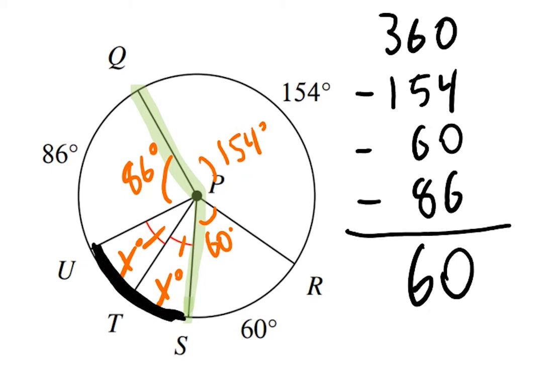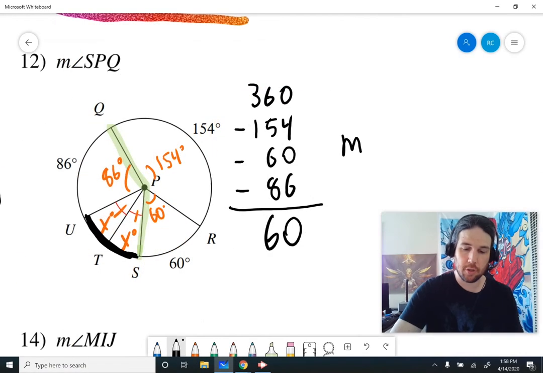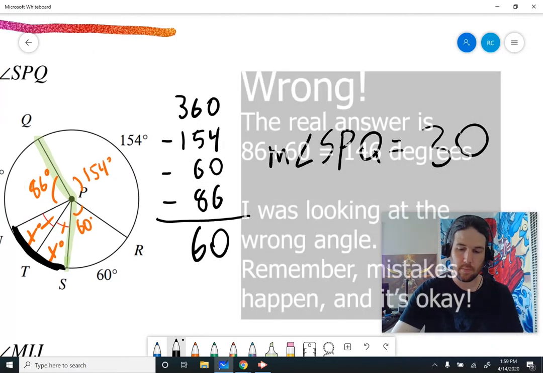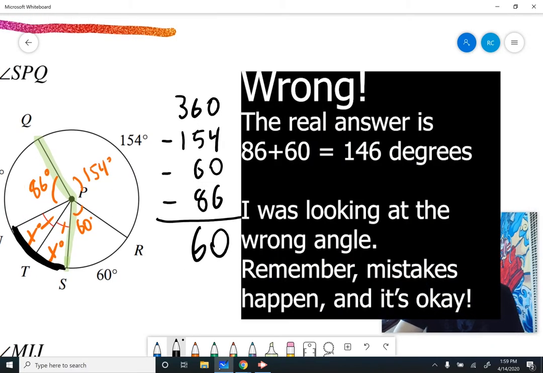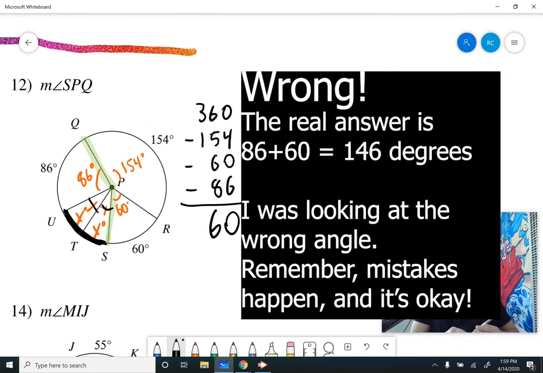Since those two are each equal, the actual answer, the measure of angle SPQ, is 30 degrees. You have to divide it by 2 because there are two angles that are congruent to each other. That's number 12.